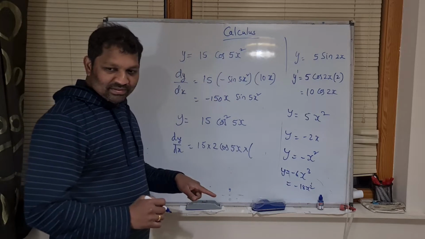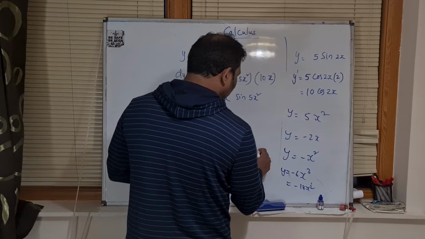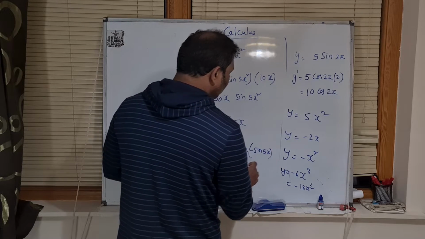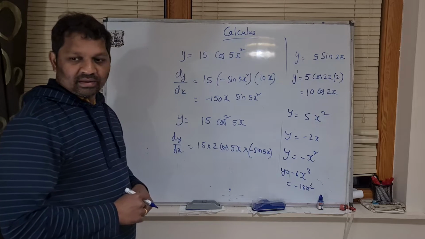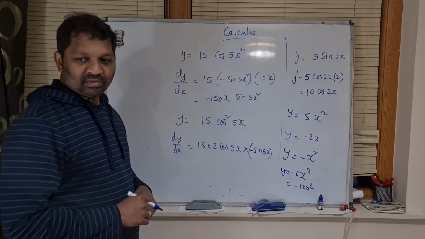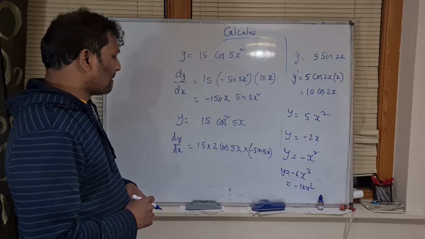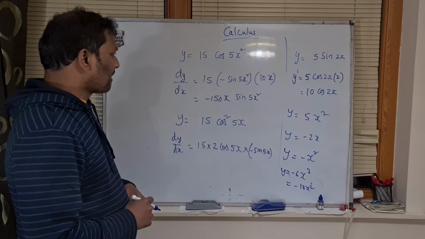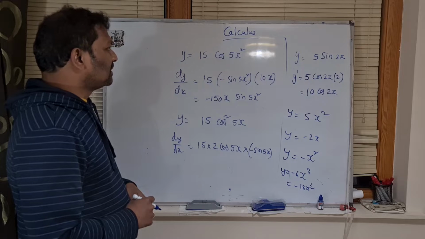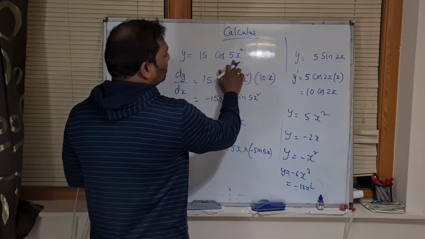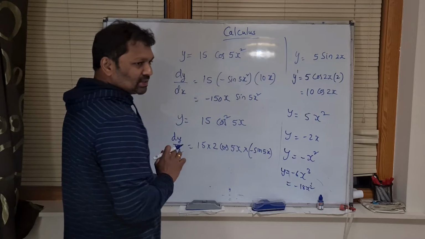Why is cos 5x the inner function here, while in the previous question 5x squared was the inner function? Because that is all one function. 5x square is one function.